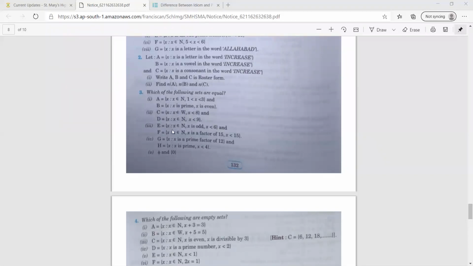Similarly, we have to do this for the others. So you need to understand what is given here again. X such that X belongs to W. W is the whole numbers, so X is a whole number, and X is less than 8, meaning 0, 1, 2, 3, 4, 5, 6, 7, placing commas in between.